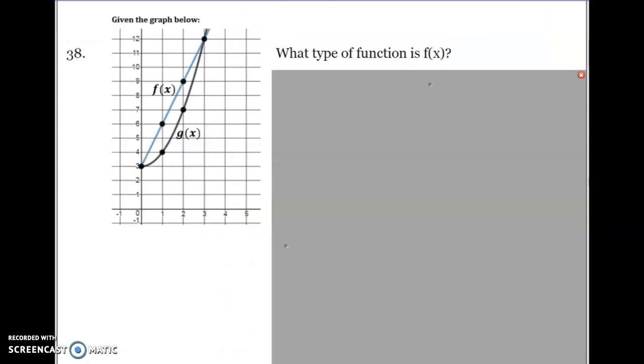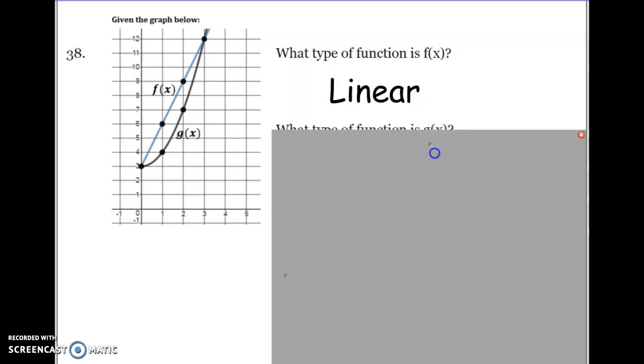Okay, in number 38, you are also given a representation that is not a table yet, and so they want to know what type of function both of these are. F of x is pretty obviously a straight line, so we don't have to think very hard about that one since, you know, it's linear if it makes a straight line, but the g of x is tricky.